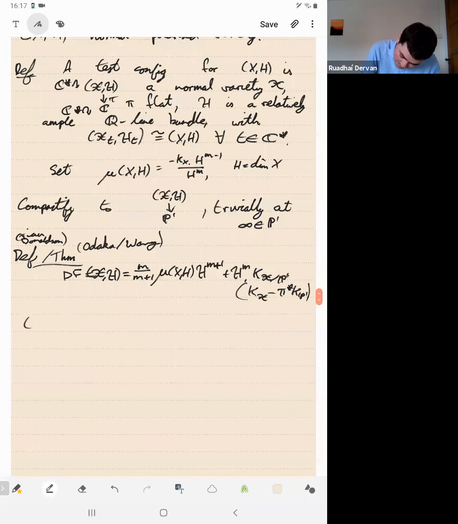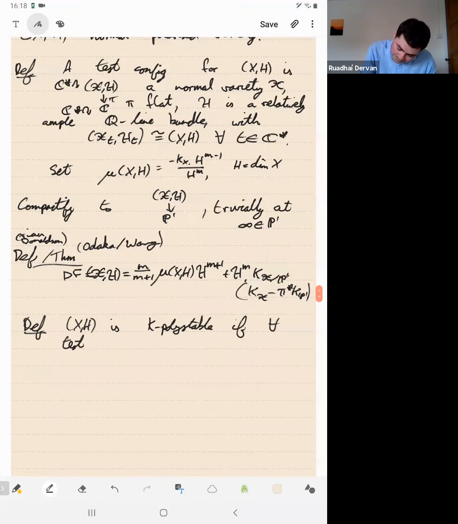So then the ultimate definition is that (X, H) is K-polystable if for all test configurations curly X, curly H for (X, H), the Donaldson-Futaki invariant is first of all non-negative.